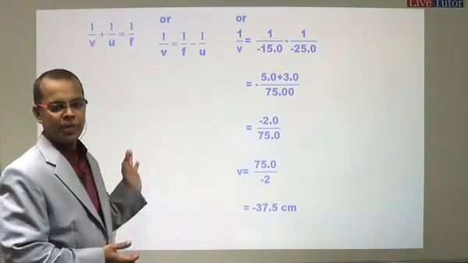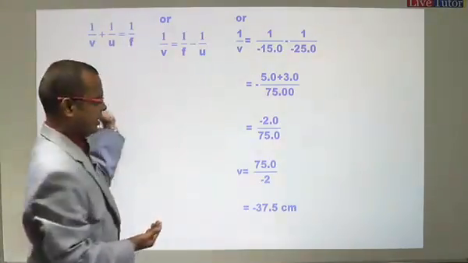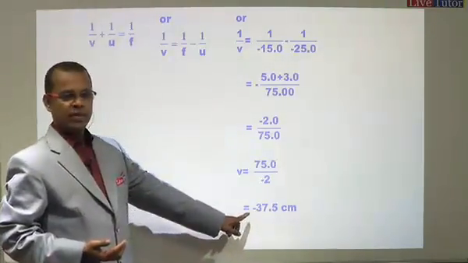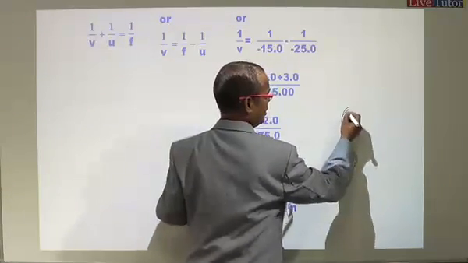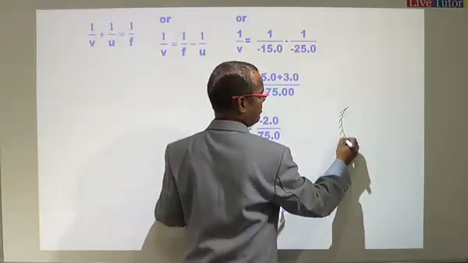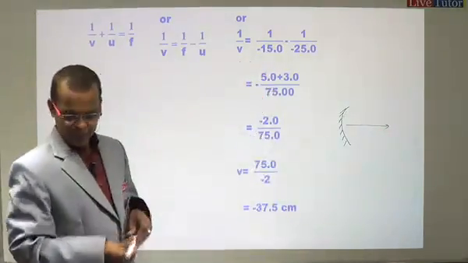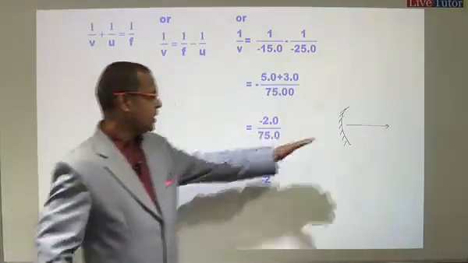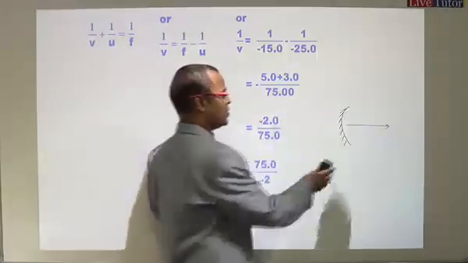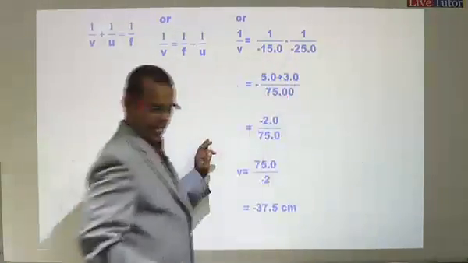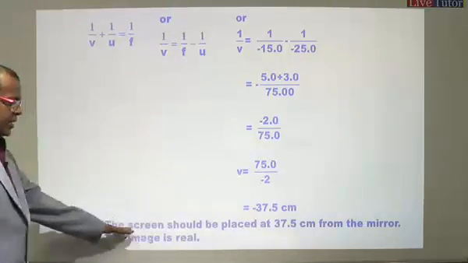That means to the left of the mirror. If your mirror is on the right side, you have to say to the left of the mirror, because the mirror can also be kept like this, but this is also front only, right? So better you say, always we say that the object is kept on the left side, and for this kind of mirror, the image is also on the left side. So say to the left of the mirror, 37.5 centimeter from the mirror.